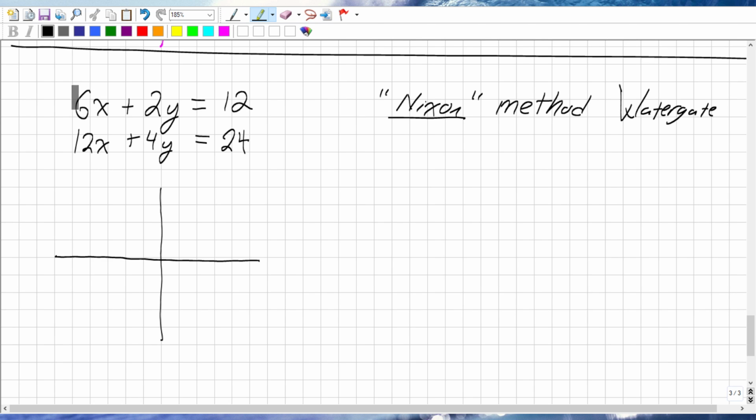So I'd start by covering up the 6x. When I cover up the 6x, what am I left with? I'm left with 2y is equal to 12. So if I know that 2y is equal to 12, then what must y be equal to?